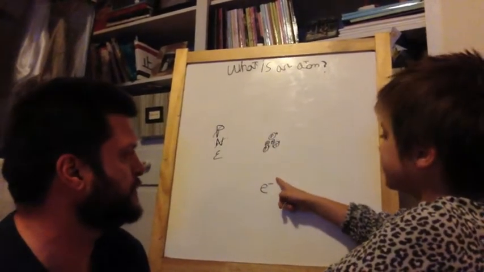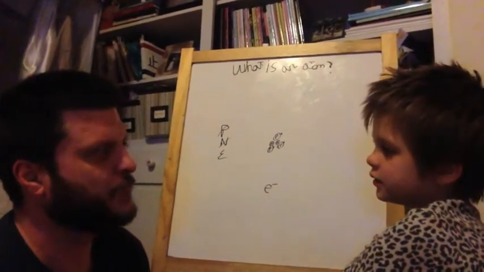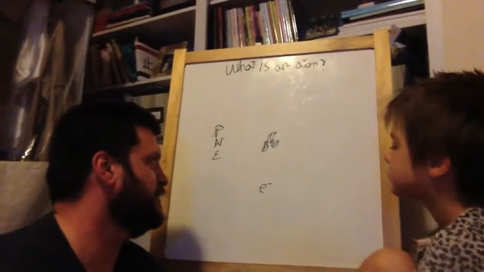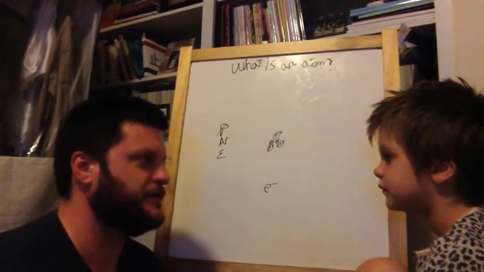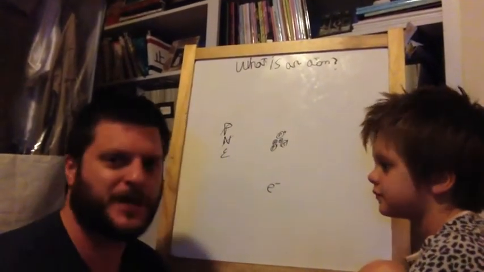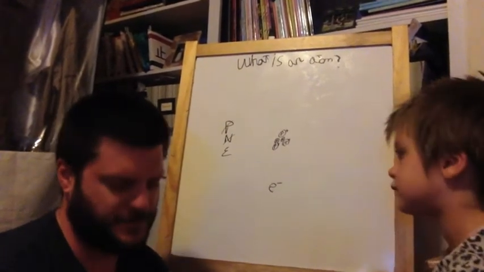What's the important thing to count to tell whether something is gold or not? The protons, right? So the number of protons determines what it is. Anything with one proton is hydrogen. No matter how many electrons it has, or how many neutrons it has, or what other weird changes there are, it's just the number of protons that tells what it is.